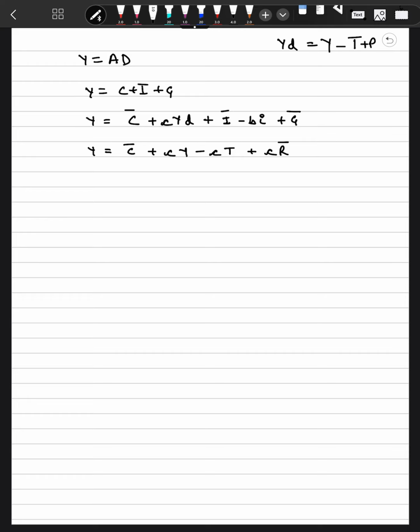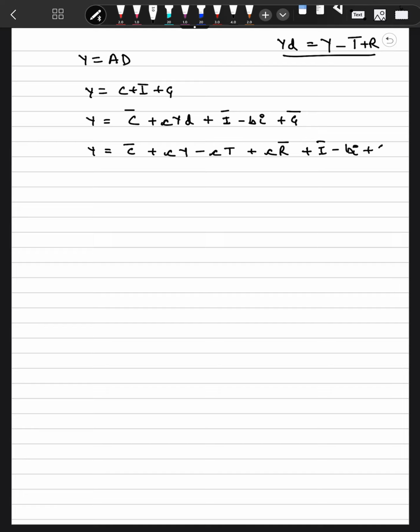So this would be R. This depends upon the question, if any numerical is given to us. If we have transfer payments also that we are receiving from the government, then this will be the disposable income, but this is taken as autonomous. So then we say plus I bar minus bi plus G bar.